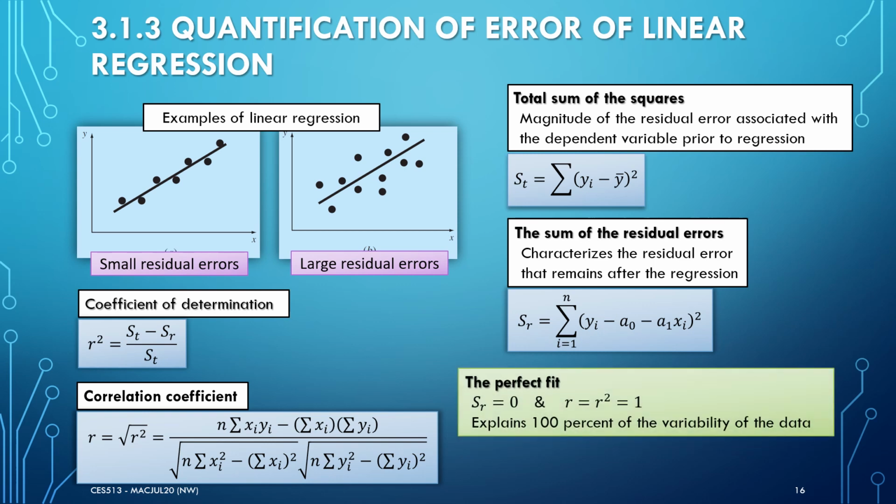For a perfect fit, SR equal to 0 and R equal to R square equal to 1. This signifies that the line explains 100% of the variability of the data. For R equal to R square equal to 0 and SR equal to ST, the fit represents no improvement.